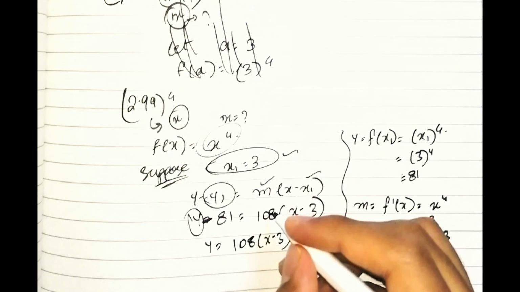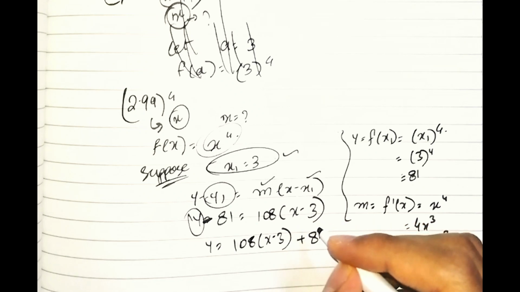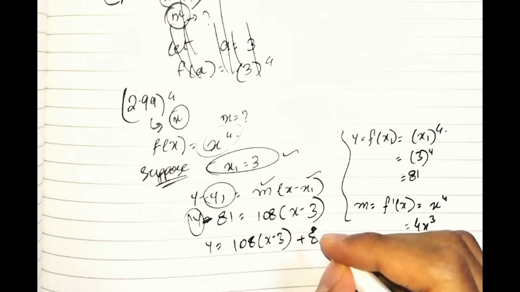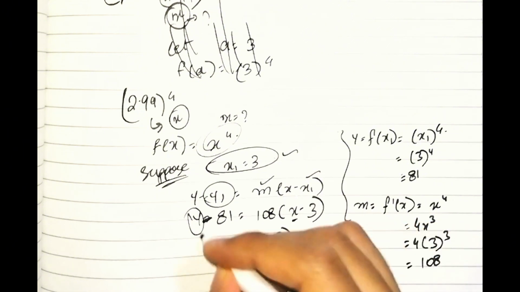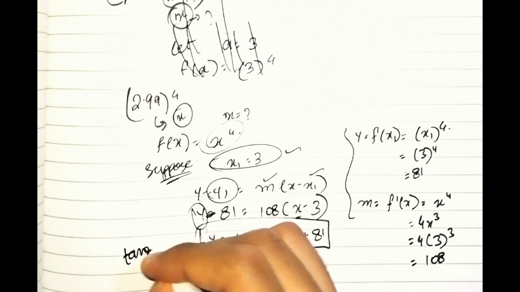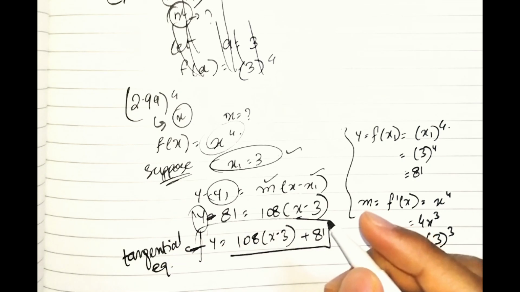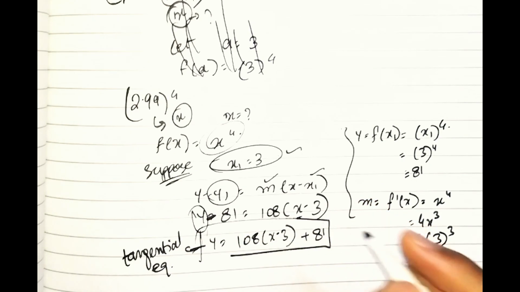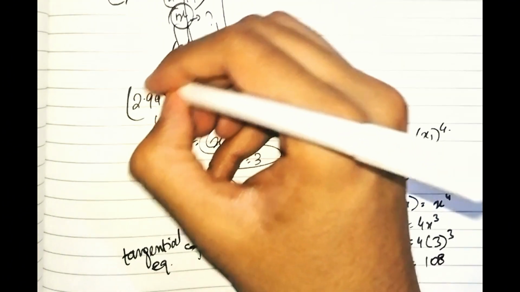Now I won't recommend you to simplify this, because we will actually put the value of the original x over here. So this is basically known as the tangent line equation, or the tangential equation, and this will actually tell me the approximate value of my function at 2.99.